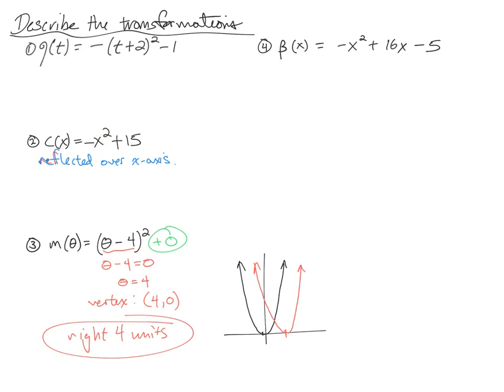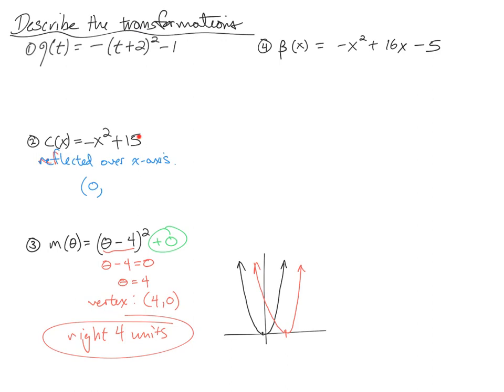But like in the last slide, we had a 0 originally in the parentheses that were being squared, but we got rid of it because it didn't need to be there. So if you have no number in a set of parentheses with your variable, the x-coordinate of the vertex is 0. So this would be 0.